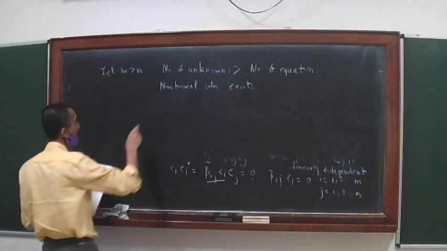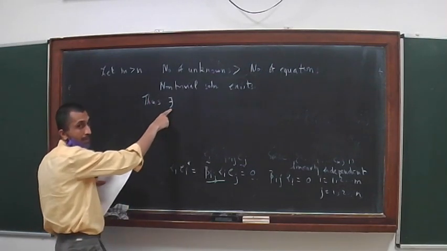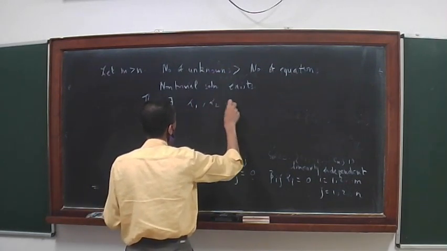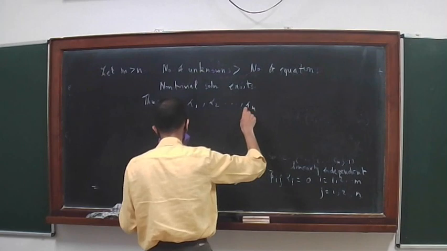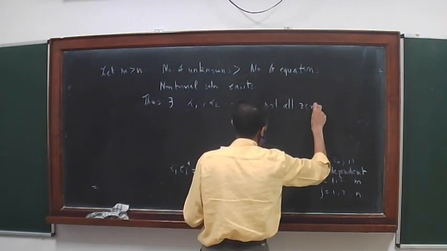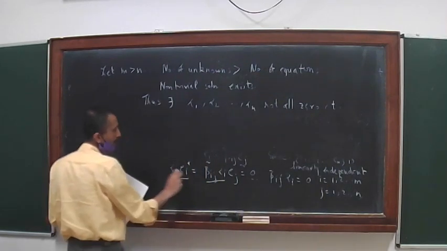So thus there exists alpha 1, alpha 2 up to alpha n, not all zero, such that... So we started out with this, right?